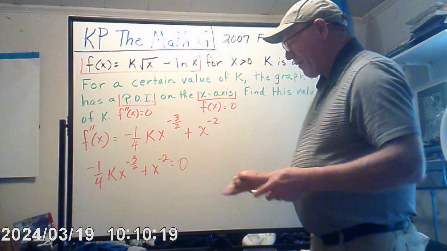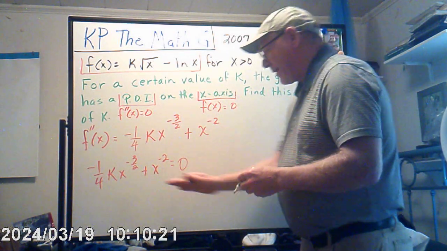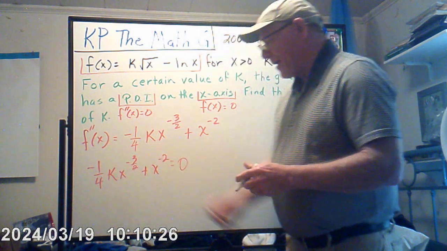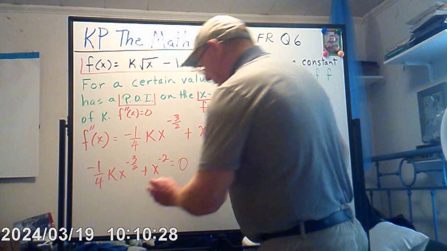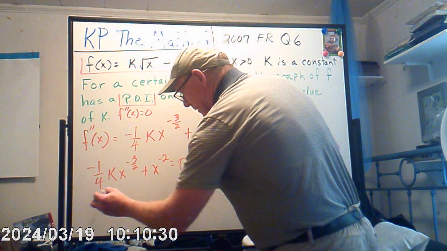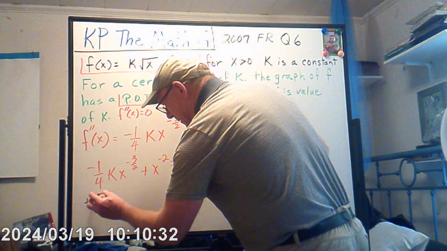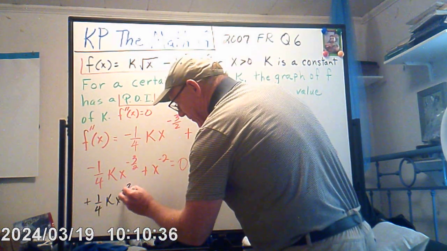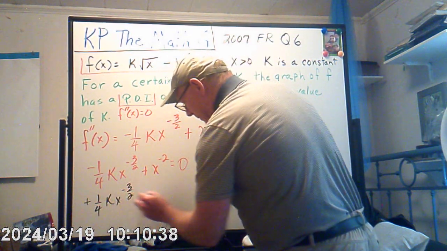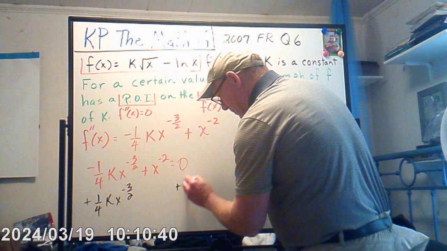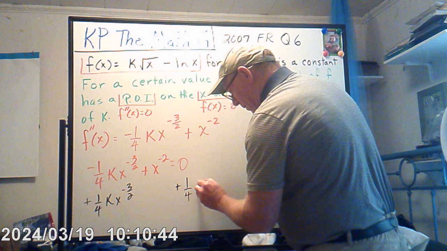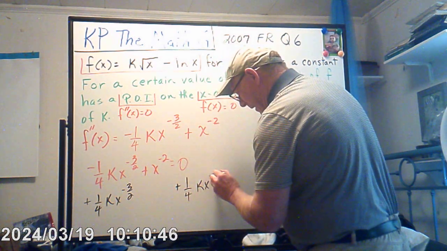Okay. Now, one thing I can do is I can bring one of these over here, and since this is already negative, I can do this. If I bring this over here, 1/4 k x to the negative 3/2 plus 1/4 k x to the negative 3/2.